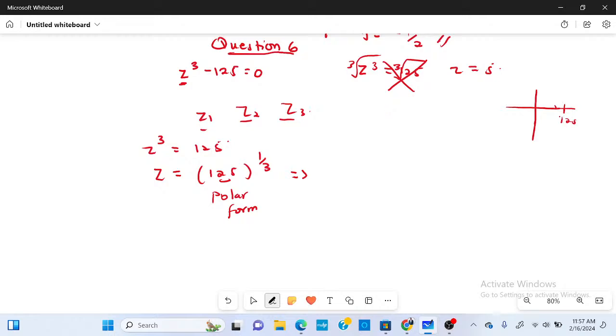It will have an argument of 0 since it is parallel to the x-axis, and its magnitude will simply be 125. So I'll get 125 e to the power i, then theta is 0 plus 2 pi k, which is the extended argument. All this expression is to the power 1 out of 3.